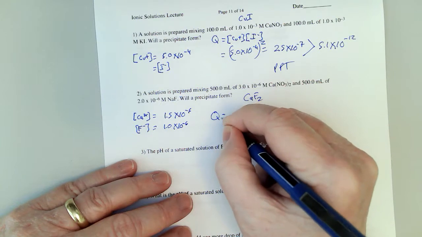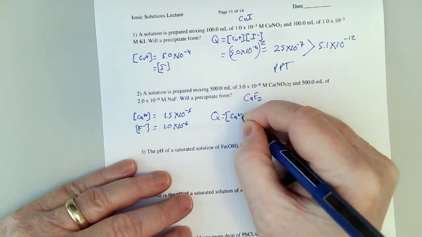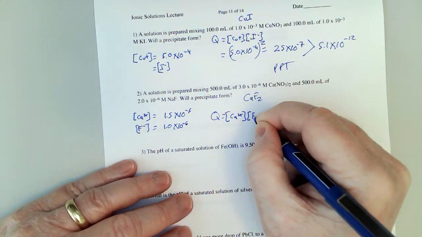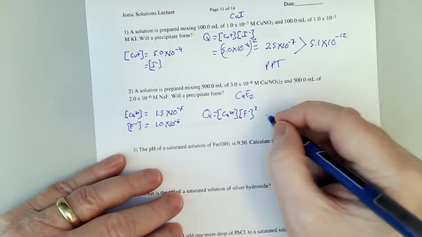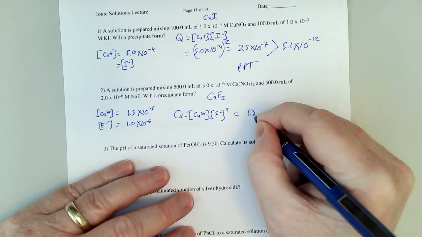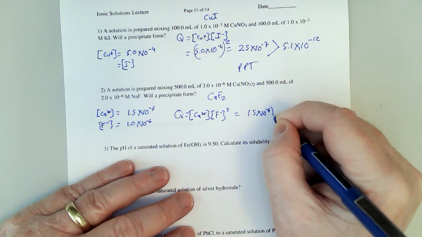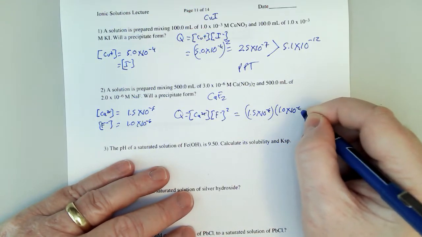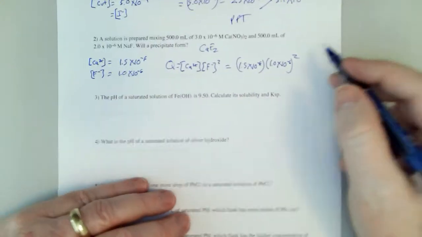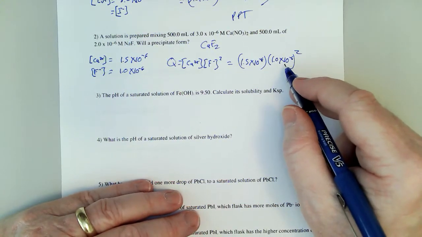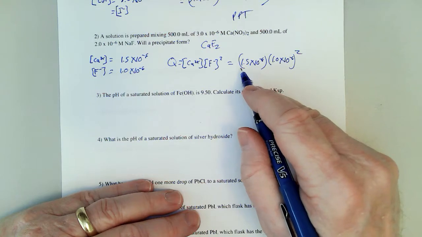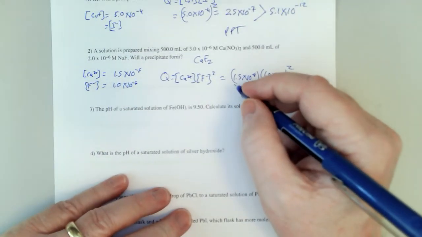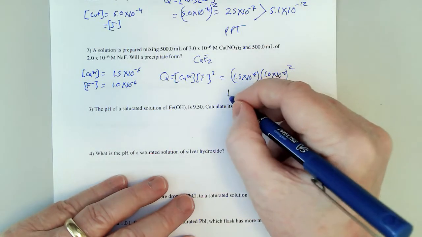So my Q equals the concentration of Ca2+ times F- squared, which equals 1.5 times 10 to the negative 6th multiplied by 1.0 times 10 to the negative 6th squared. So that's 1.0 times 10 to the negative 12th, 1.5 times 10 to the negative 18th. Yep.